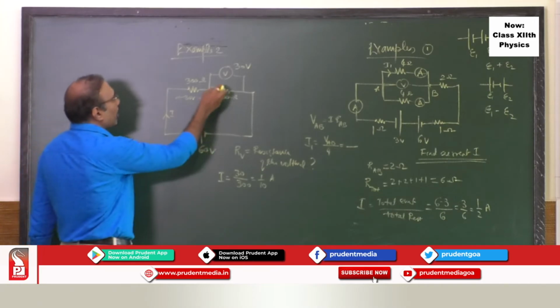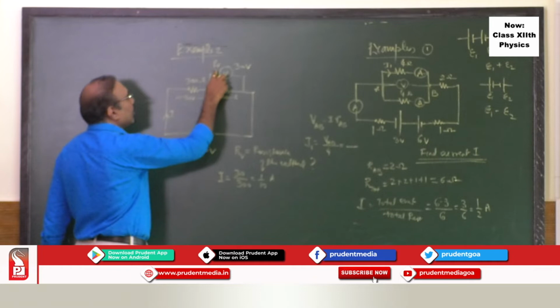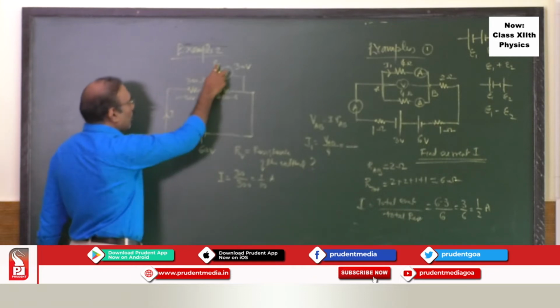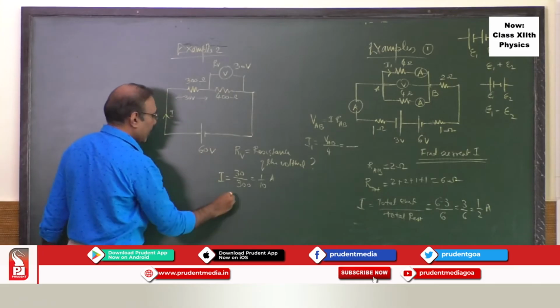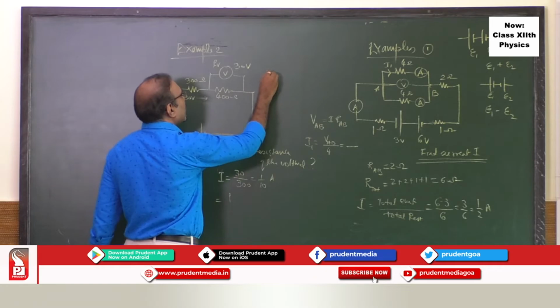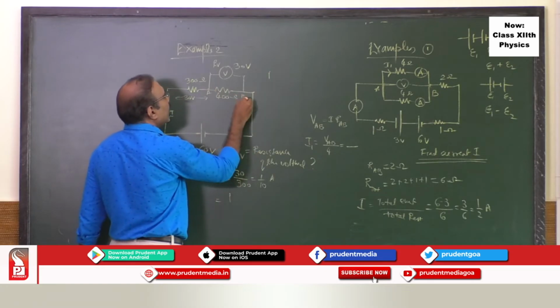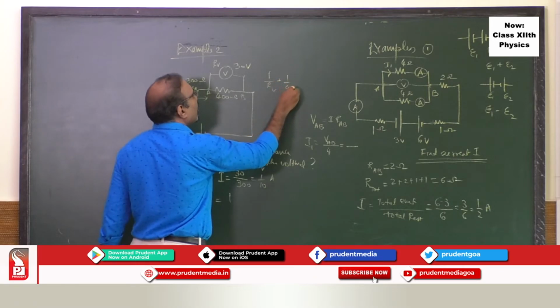Now I want to find out the resistance of the voltmeter. The resistance of the voltmeter is in parallel with this. So what is the total resistance between this? Actually, the resistance across this point AB is given by 1 by RB plus 1 by 400.